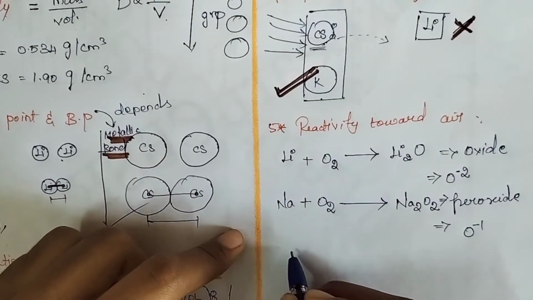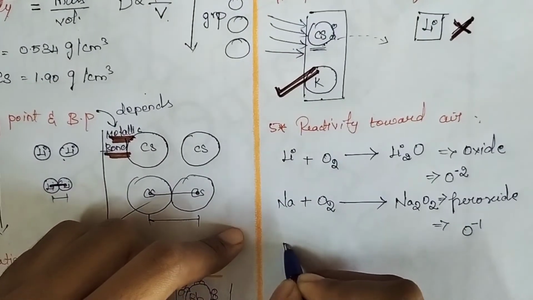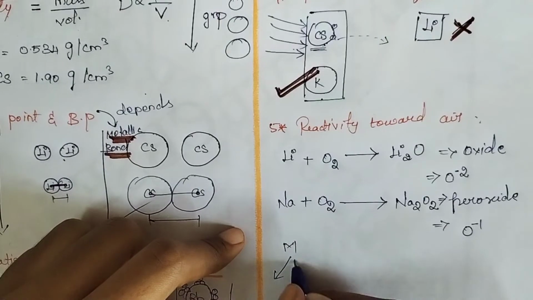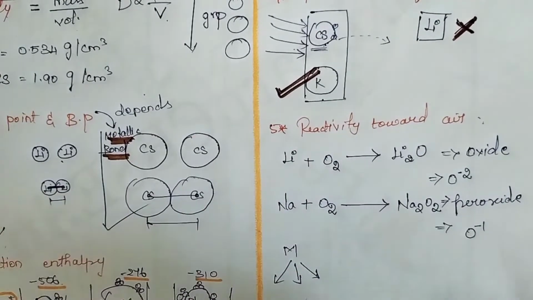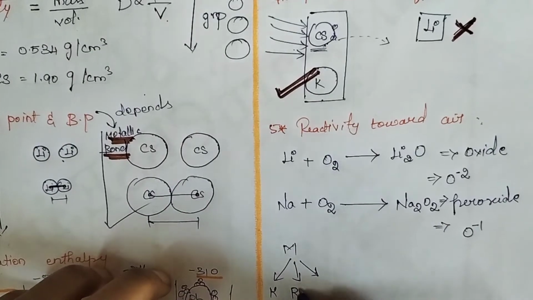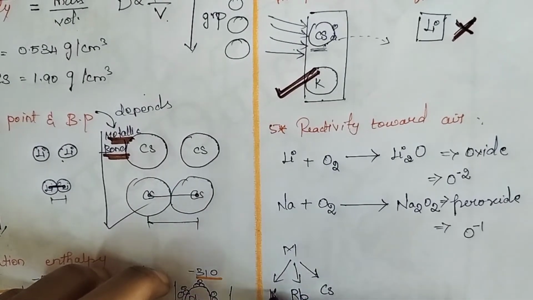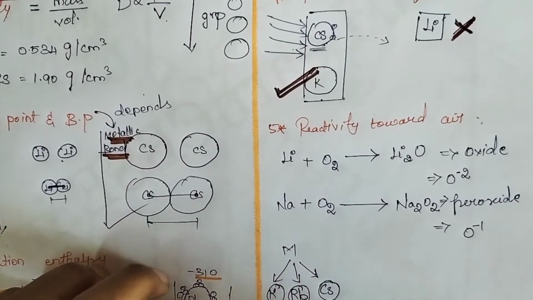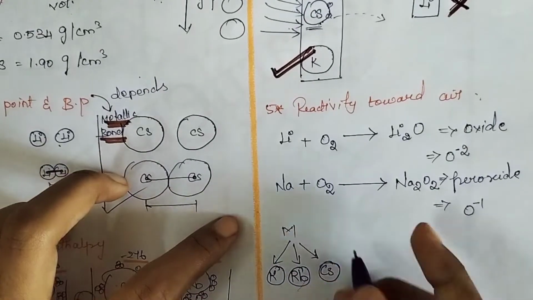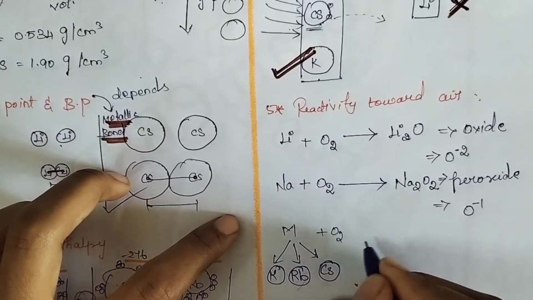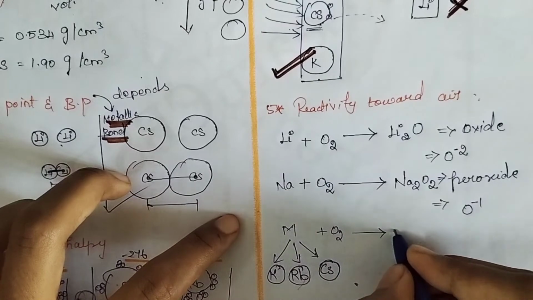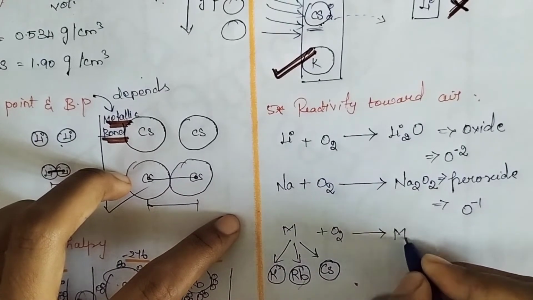Next is M, we will put. This M may represent the rest of the 3 elements of this group, that is potassium, rubidium, cesium. These 3 elements, if they react with oxygen, form superoxides, that is MO2.